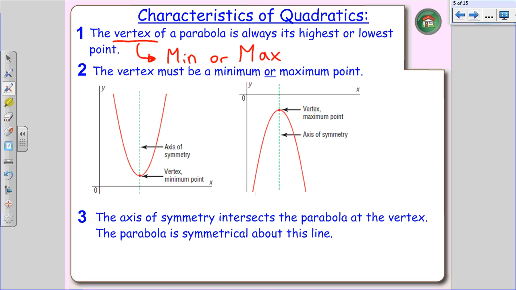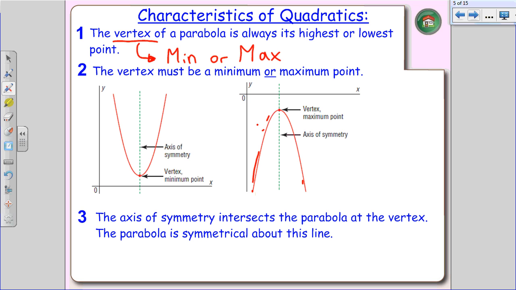They just say that's either the highest point or the lowest point. It's always a minimum or a maximum. In a quadratic equation, there's no other choice. Your vertex has to be a minimum or it has to be a maximum, meaning that there's only ever going to be one lump like this. It'll never lump back like that. Quadratics only ever have one vertex, which means it has to be a minimum or a maximum.